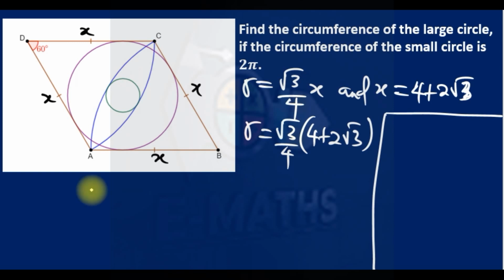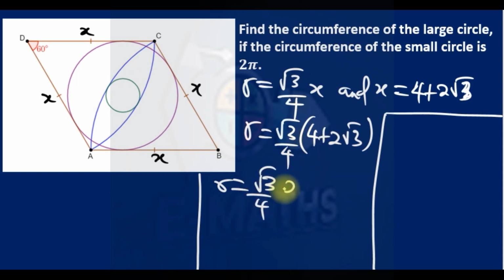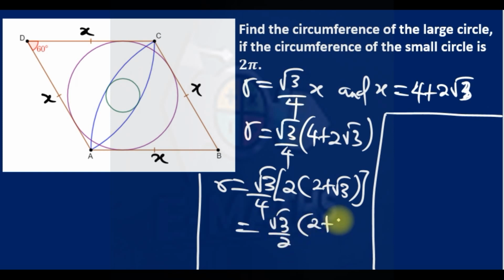So let's finish up. These are equal to root 3 over 4. We can factor 2, and we have 2 times 2 plus root 3, which is 2. So I have root 3 over 2 times 2 plus root 3.